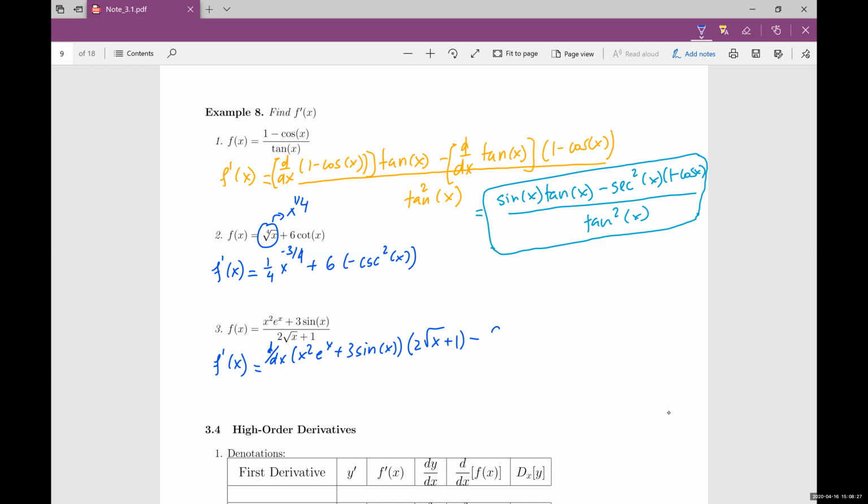Subtract the derivative of the second function, 2 times square root of x plus 1, and then you multiply by the first function, or the top function. I want to put brackets here just to make sure that we know these are two different things. And again, everything divided by 2 square root of x plus 1, squared.